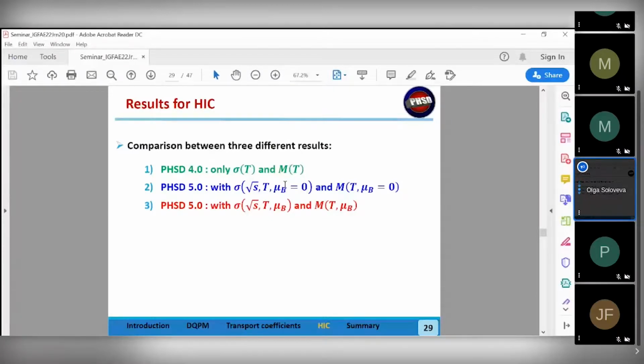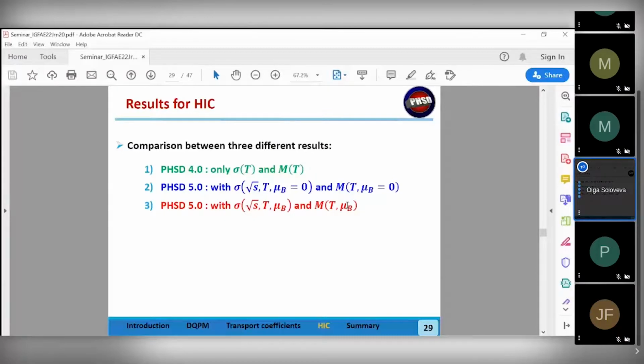The blue line corresponds to PHSD5, where we have angular dependence, or here I put square root of s dependence, and temperature dependence, but μB is equal to 0 everywhere. And PHSD5, our red lines, corresponds to the case where we consider cross-sections depending on angular dependence, temperature dependence, and μB dependence, as well as effective masses also having temperature and μB dependence.